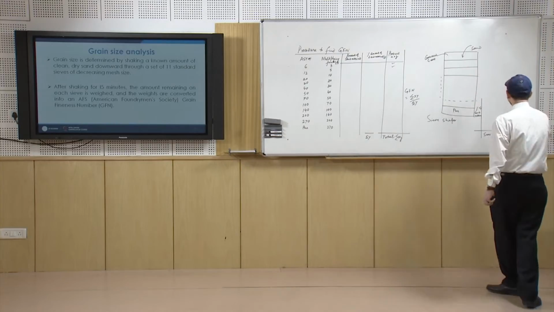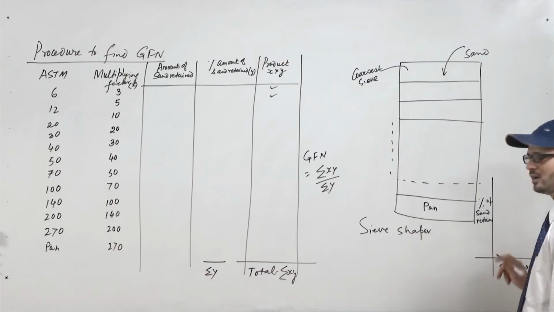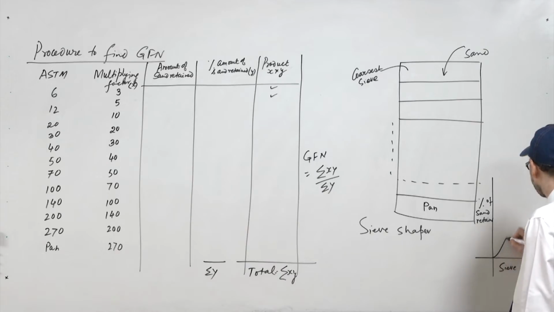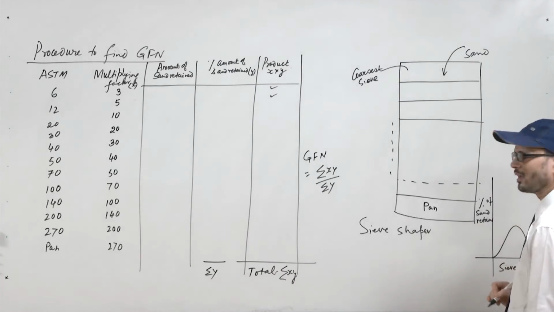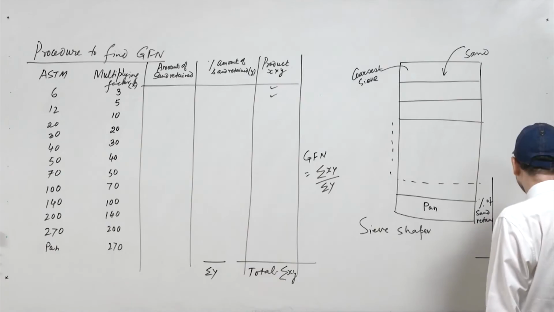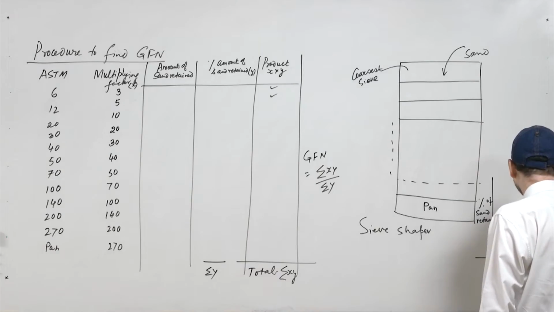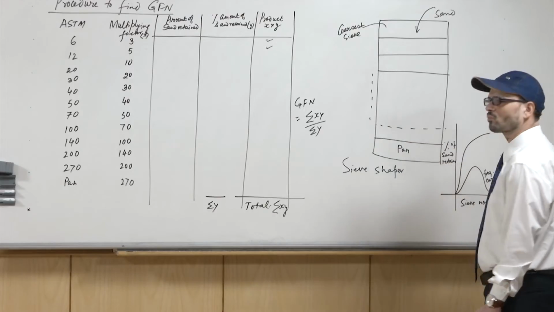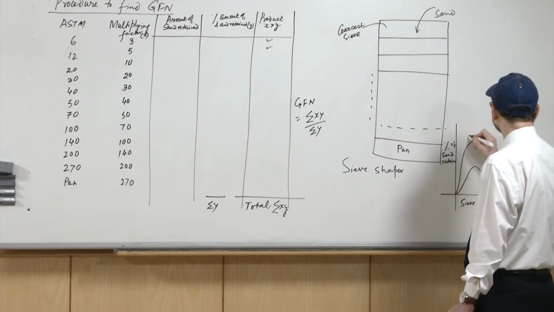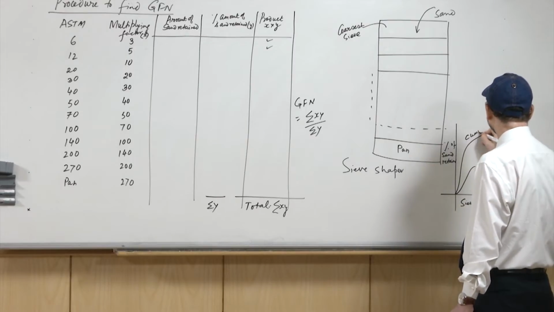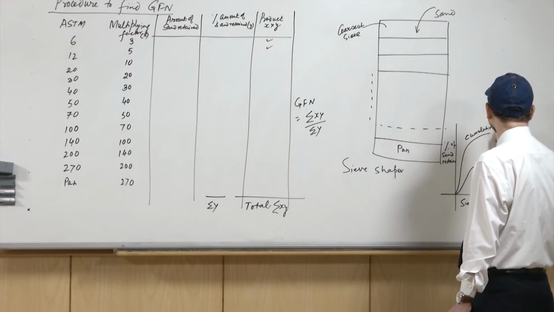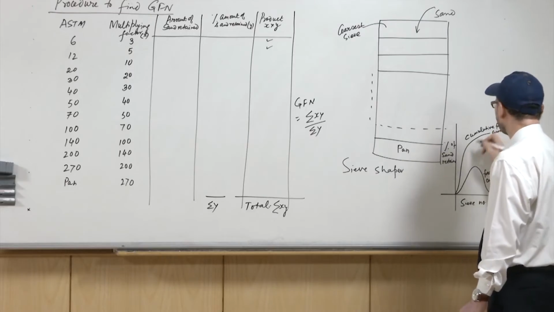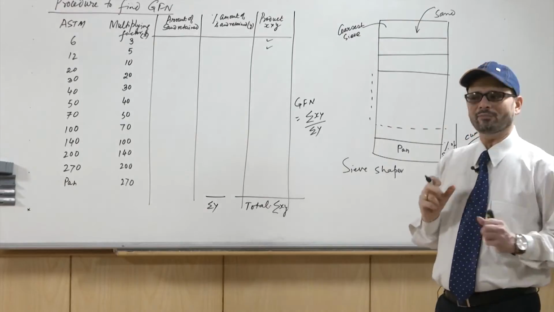If you draw this curve, you may have a curve like this, and this is the frequency curve, and if you try to find the cumulative frequency curve, so cumulative percentage curve, you may have such a graph.